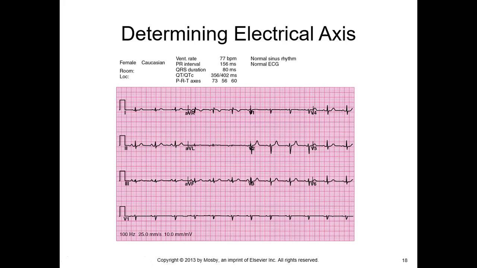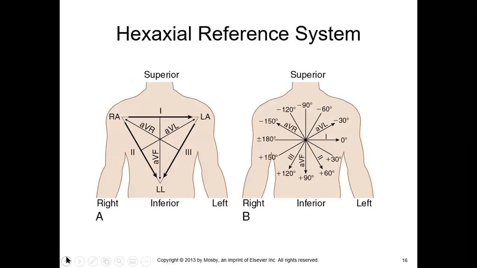The patient's QRS axis is perpendicular to the positive electrode in lead aVL. Look at the axial reference system diagram to determine which lead is perpendicular to lead aVL. So you've got to figure out which one is perpendicular when you look at the previous figure. Perpendicular.